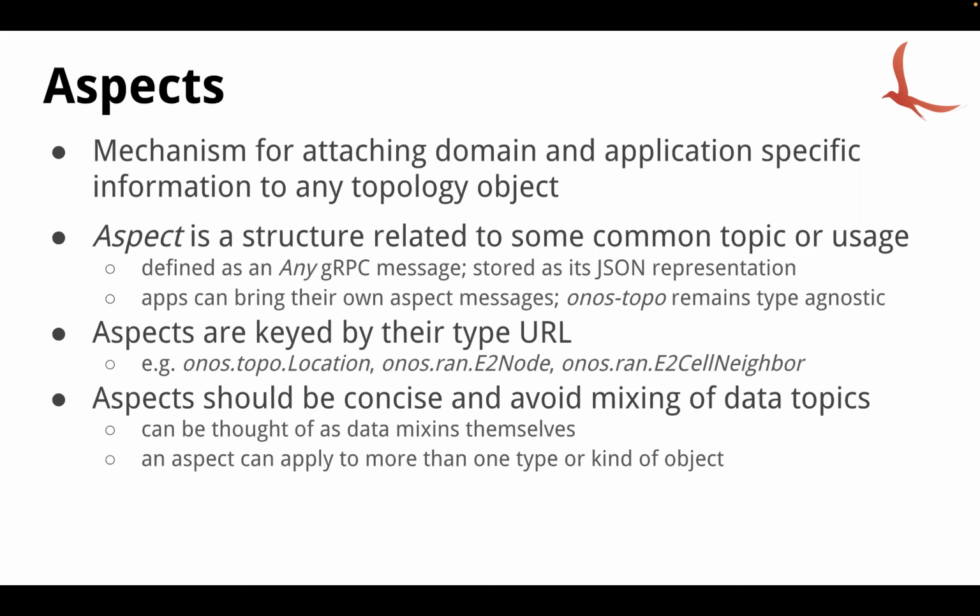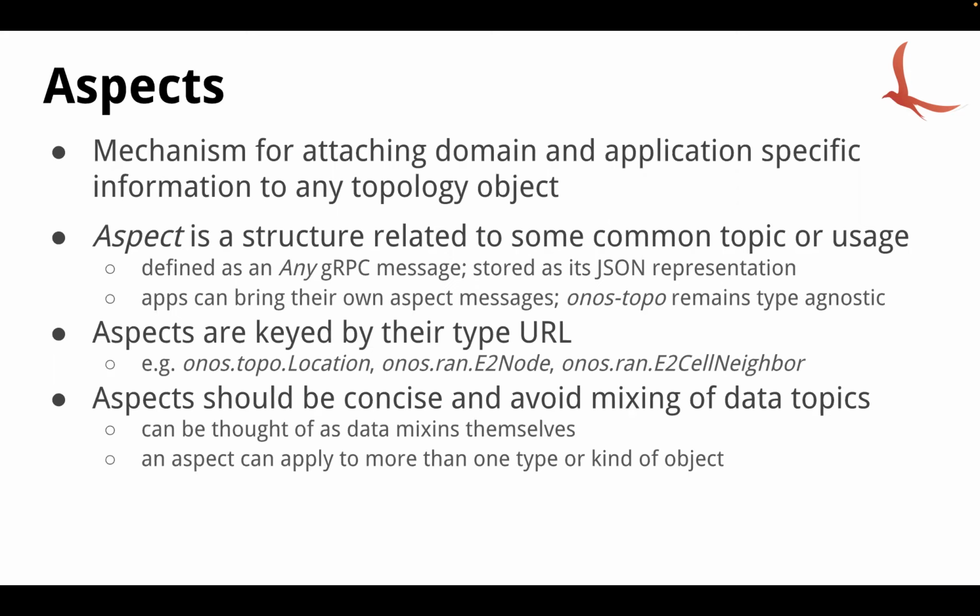The idea for aspects, just because of design convention, is that they should be as orthogonal as possible. They should be related, single purpose. Let's say we have an E2 cell, we shouldn't shove everything else possible that we want into the E2 cell. It should be literally just stuff that defines the minimum E2 cell. Things that are extraneous, like where this cell is located or what coverage it has, should be separate aspects, so that we can combine them.